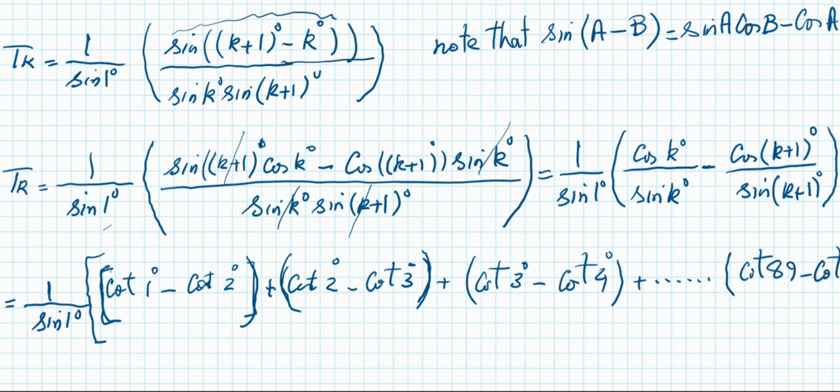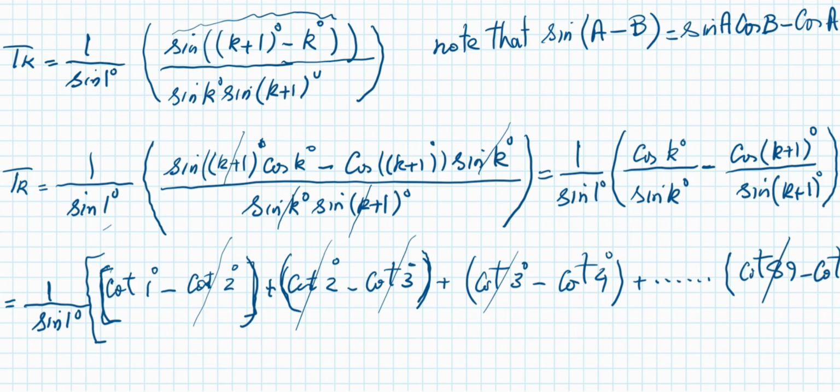So inside here, we can simplify 2 degree, for example. We can simplify 3 degree, and likewise we can simplify until we reach 89.